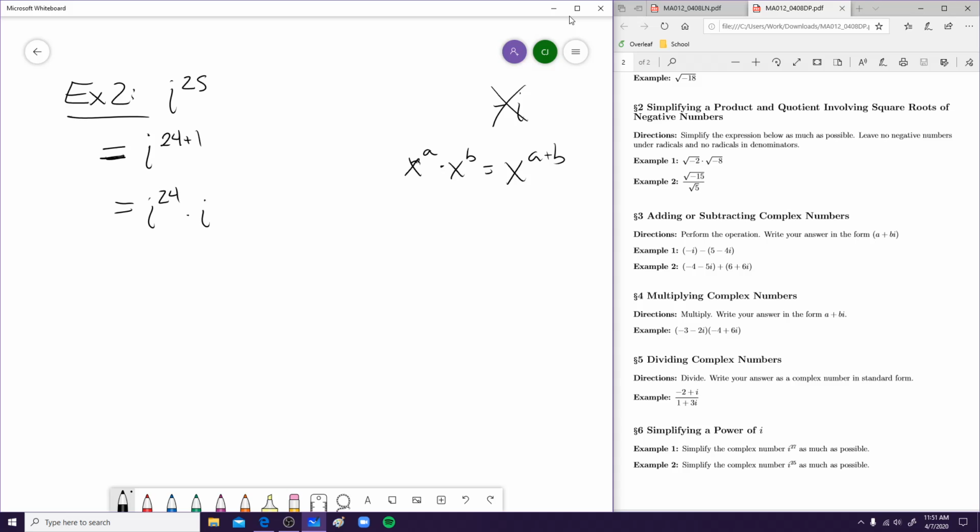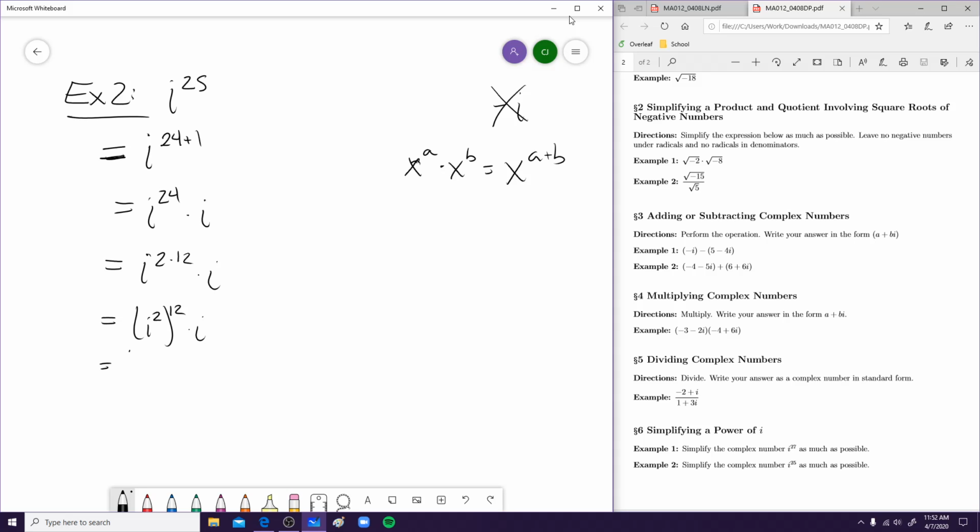So we're just using this kind of backwards, using the power to a power property again. So I have i, and I want to do 2 times something equal to 24, and that would be 12. And then I can rewrite this as i squared to the 12th times i.